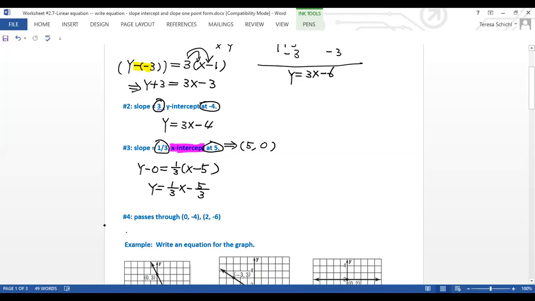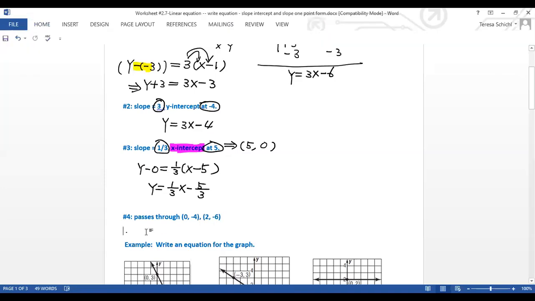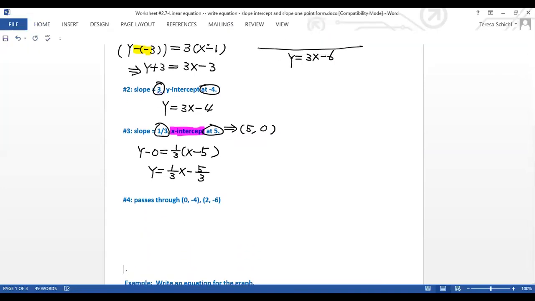Now let's take a look at number 4 here. I want to find the line passing through these two points. For this problem, we just add one extra step because it did not give us the slope, so I need to find the slope, right? The slope here will be y2 minus y1 over x2 minus x1.